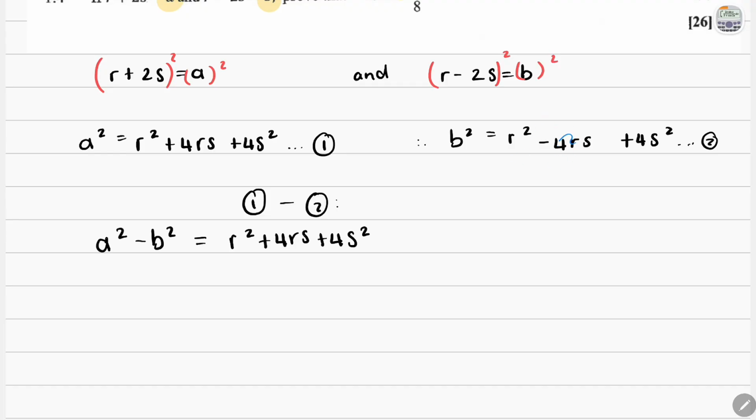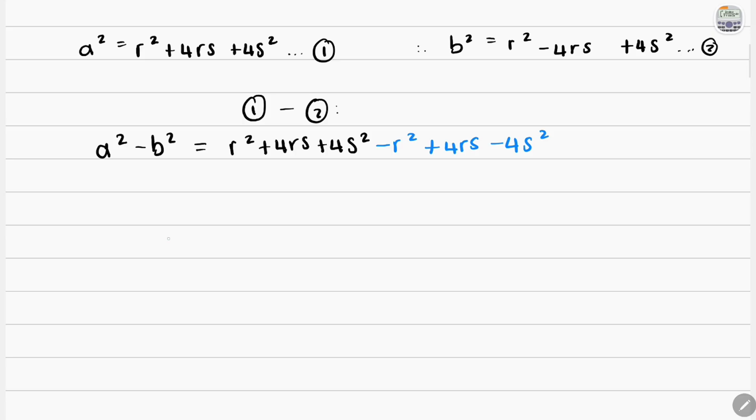Now, when we subtract here, instead of using brackets, I'm just going to directly subtract by each term. So the first term is r squared on the right hand side, so that is minus r squared. And then if we say minus negative 4sr, you're saying minus negative, so it becomes a plus 4rs. And then we have here minus 4s squared.